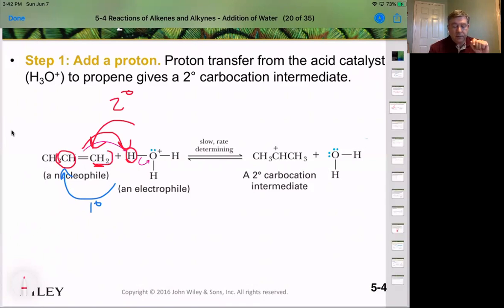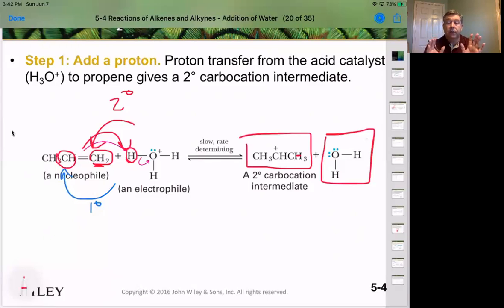So we're going to add it to this terminal carbon, and that's where this hydrogen goes. And we end up getting neutral water back, and we now have our carbocation. Okay, so that was our first step. We went through our transition state of those electrons reaching out and grabbing that hydrogen, and we formed our intermediate here as our secondary carbocation.